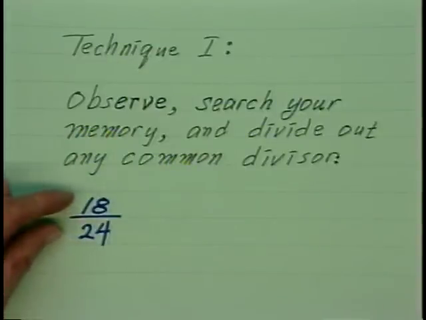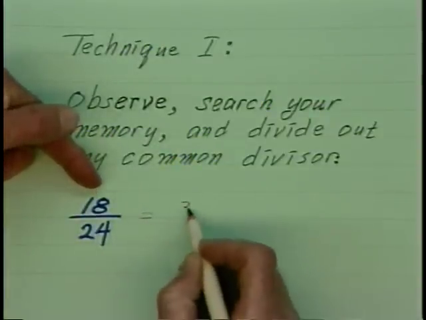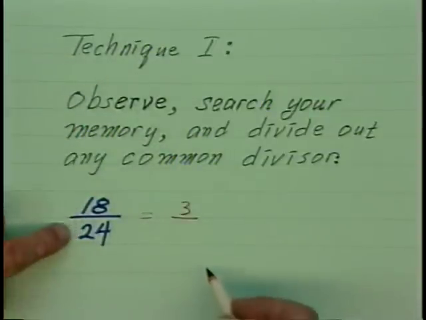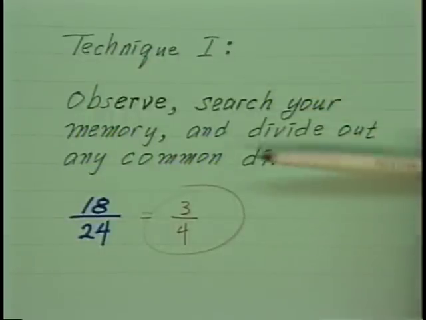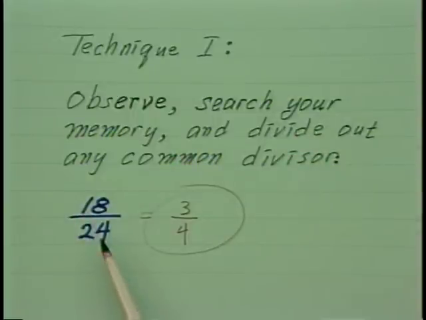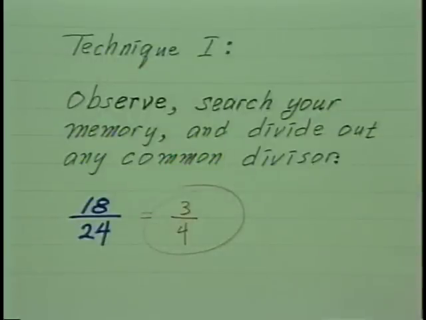Someone else might say, no, 6 will also work, so that's even better. So 6 divides into 18 3 times, 6 goes into 24 4 times, and we're done. So this technique, which is the one that most people are familiar with, works the best when the fractions are small and common divisors are fairly obvious.